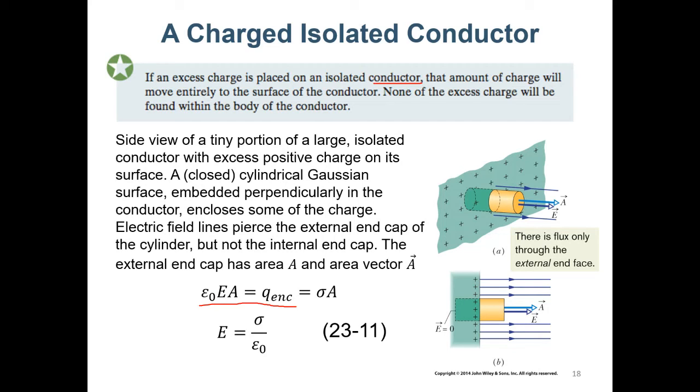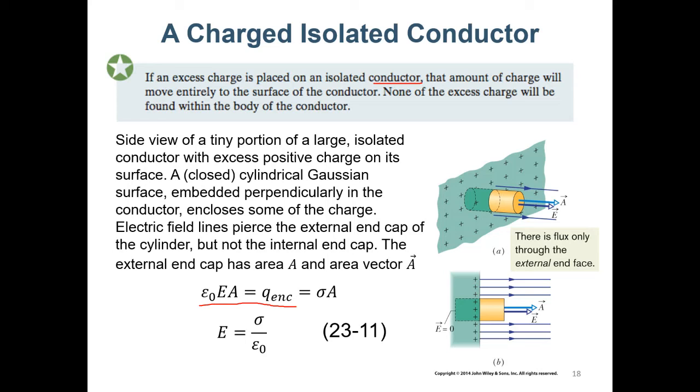And this is a circle, so it has an area A. So it is nothing but EA. Because the E field is perpendicular to the surface, and the vector dA is also perpendicular to the surface, E and dA have the same direction.